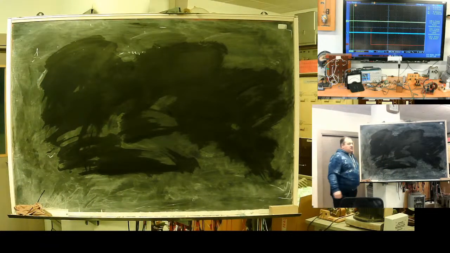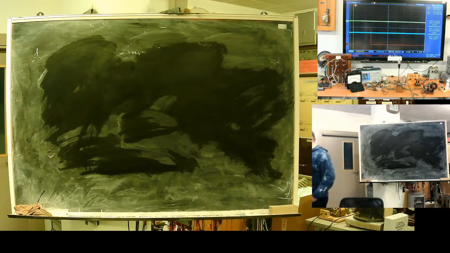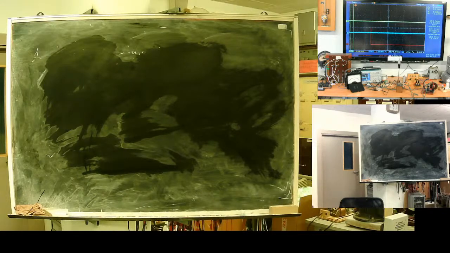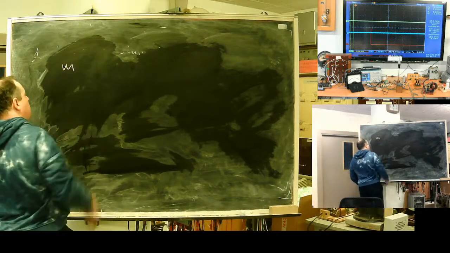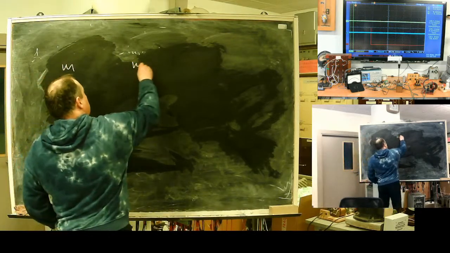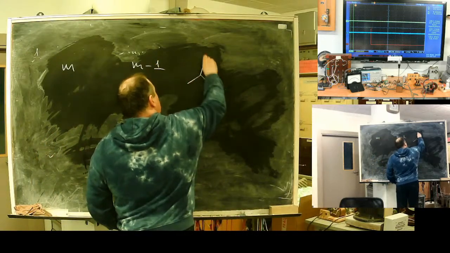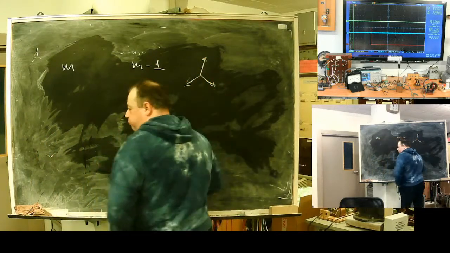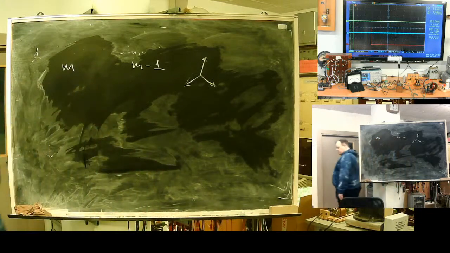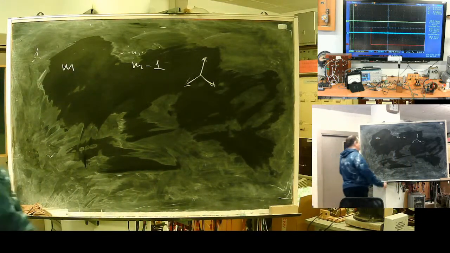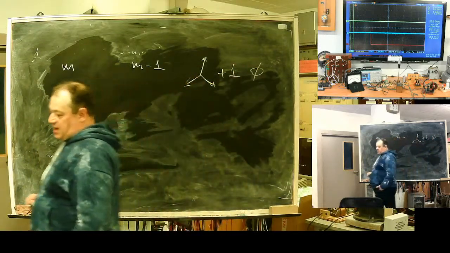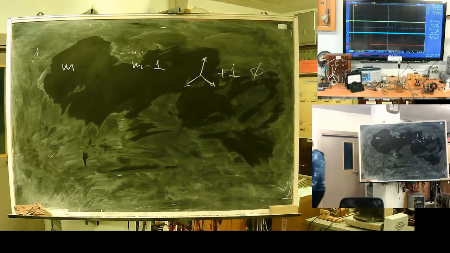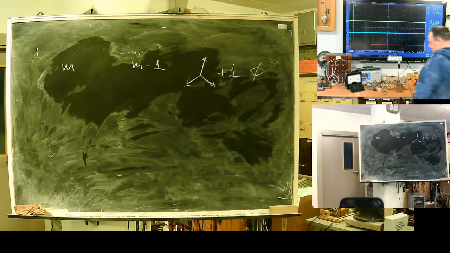Any non-symmetric polyphase system can be substituted with a set of symmetrical polyphase systems. If you have an M-phase system, you will need M-1 vectorial systems with all possible sequences plus 1 zero sequence system representing a ground wire or current in the ground.